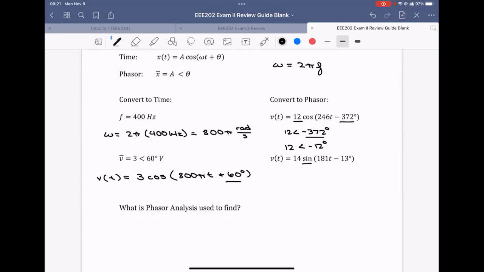So we'll end up with v(t) equals 14 cosine. The 181 stays, the 14 stays, but the degrees change. So we'll get plus 77 degrees. And now we can easily write this as 14 angle 77 degrees.